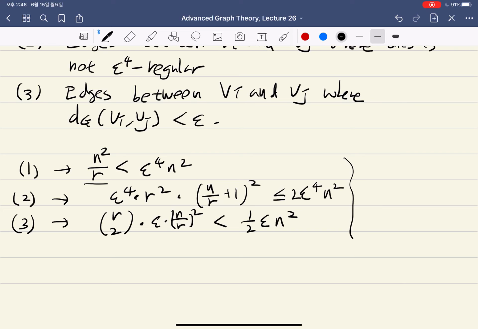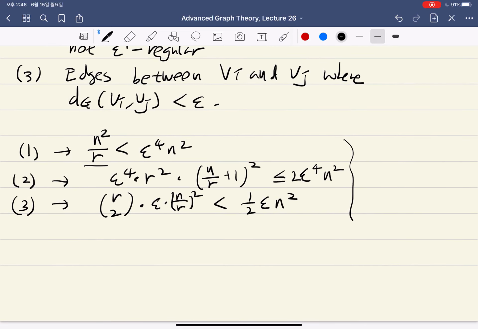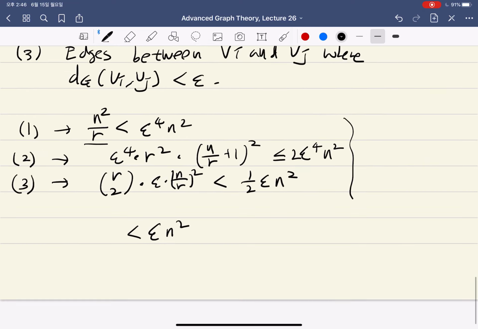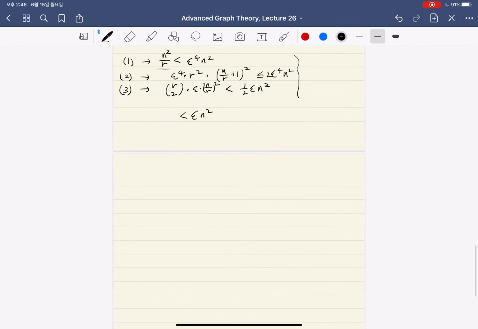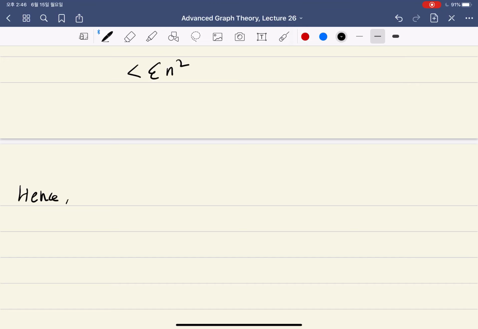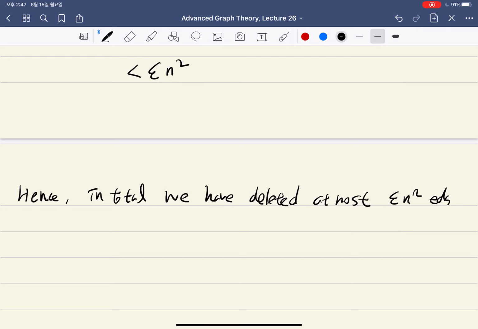So altogether, how many have we deleted? We have deleted at most, let's say, less than epsilon n squared. Hence, in total, we have deleted at most epsilon n squared edges.